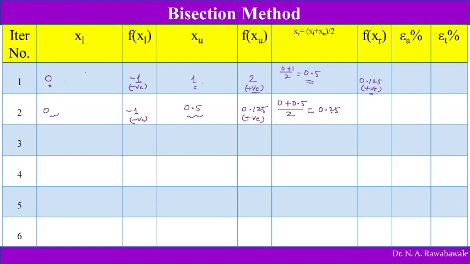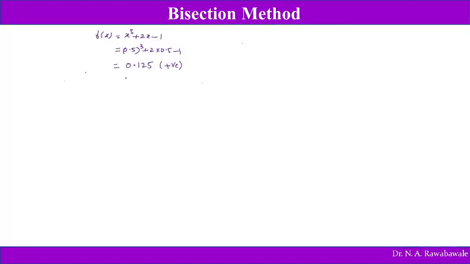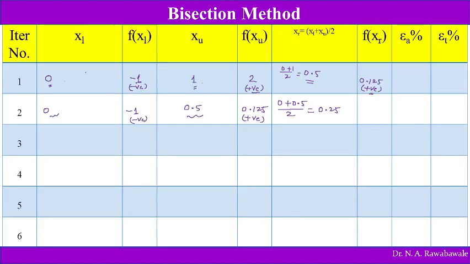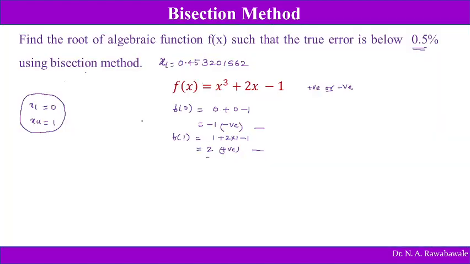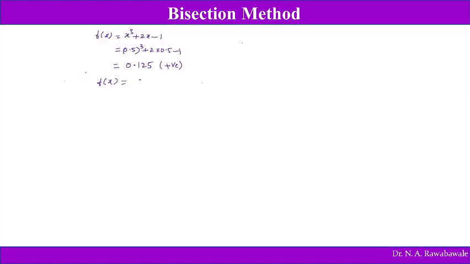This revised approximation we have to substitute in the function. The errors we find out afterwards. So f of x with the revised approximation 0.25 is 0.25 to the power of 3 plus 2 into 0.25 minus 1.